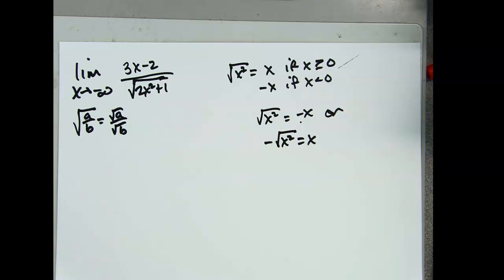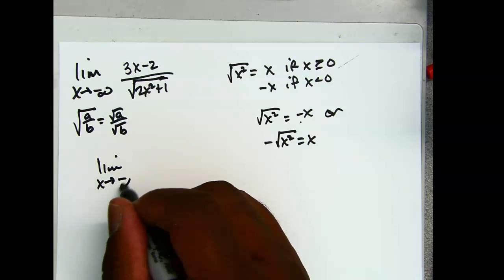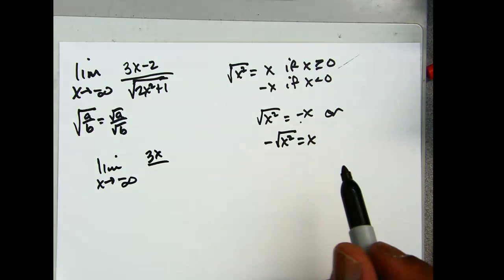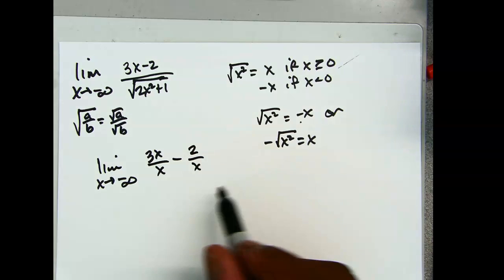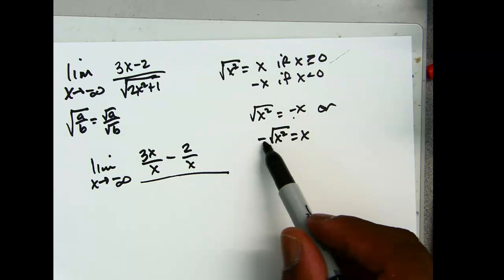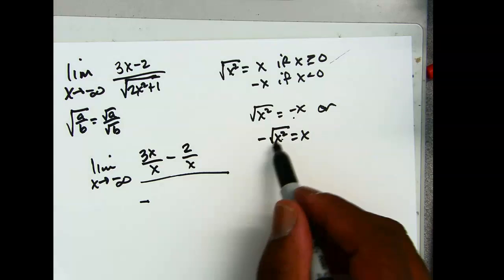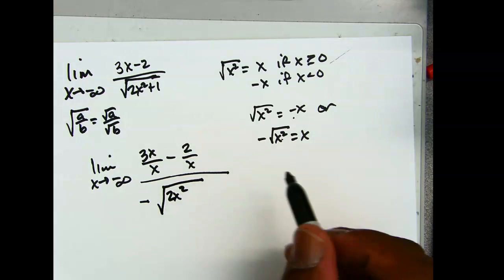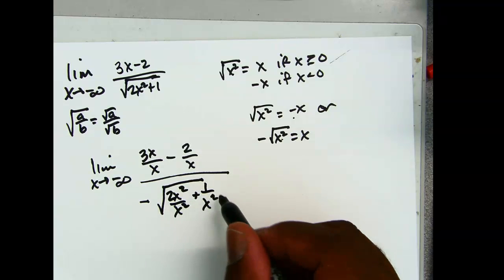So now this becomes the limit as x goes to negative infinity of 3x over x minus 2 over x, all over. Now here I have the negative of the square root of x squared, so I'm going to put the negative outside, and then that square root of 2x squared over x squared plus 1 over x squared.